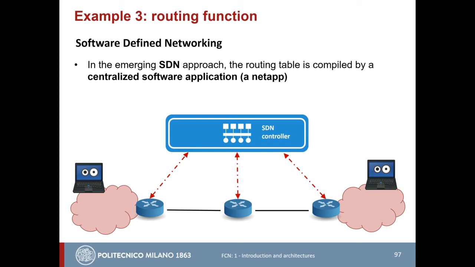This is the new way to implement the control, called software-defined networking. Compared to the distributed case, it has the advantage that you can easily change or update the algorithm that you use to optimize the network and the routing.